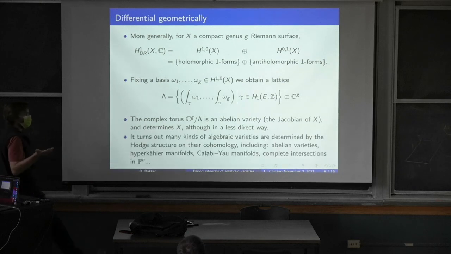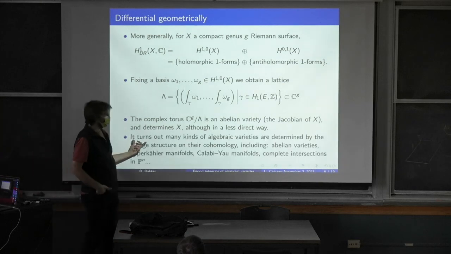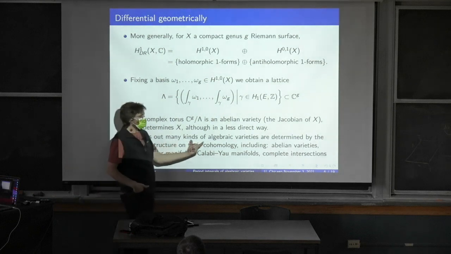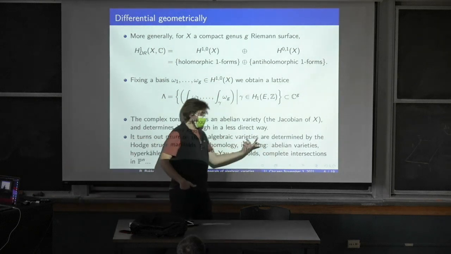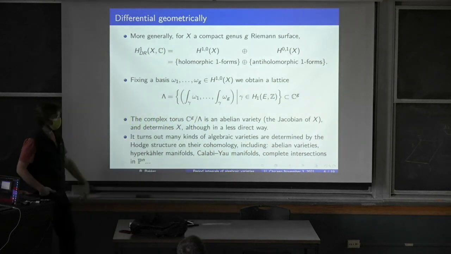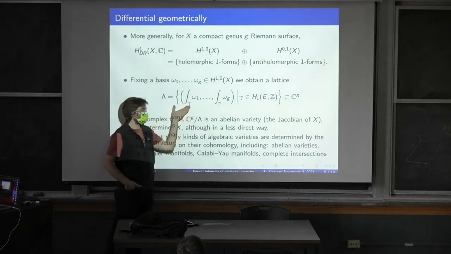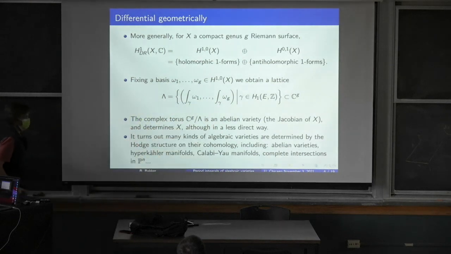And likewise, this is what I was mentioning before. Turns out this happens a lot in algebraic geometry. Not all the time, but a lot. So for instance, the Hodge structure on the cohomology of an Abelian variety will completely determine it. We've essentially already seen that. You can recover the lattice by integrating holomorphic forms along all the cycles available to you.